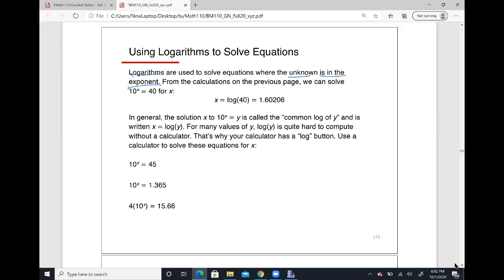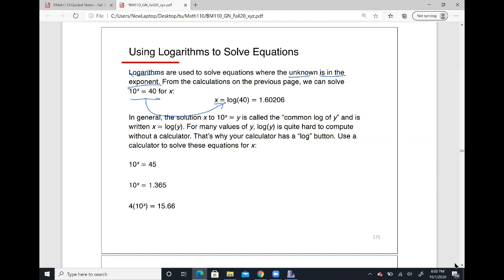It asks you to solve 10^x equal to 40. You're going to convert this to x equal to log base 10 of 40. And log base 10 of 40, using the calculator, is going to be equal to 1.602. You can use the calculator to check it.